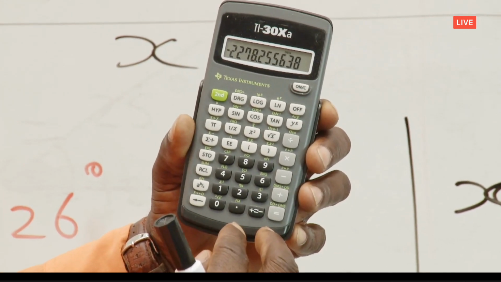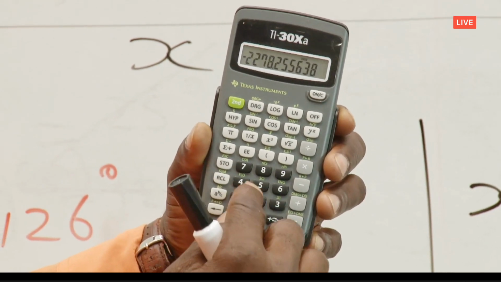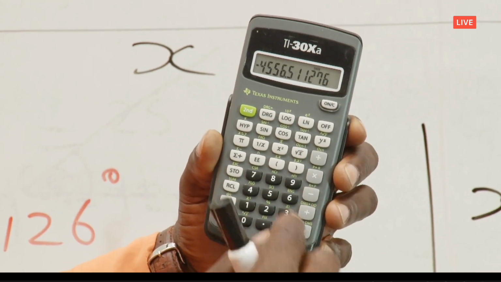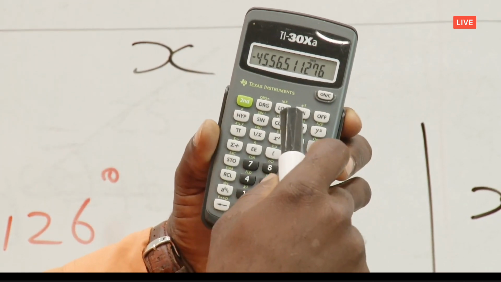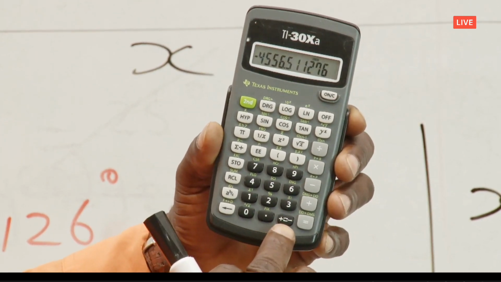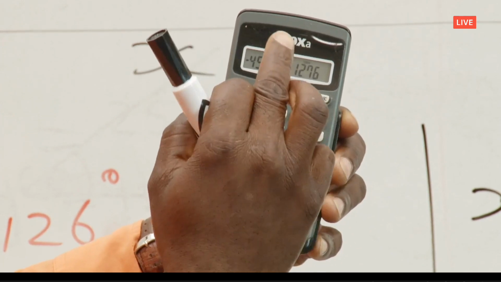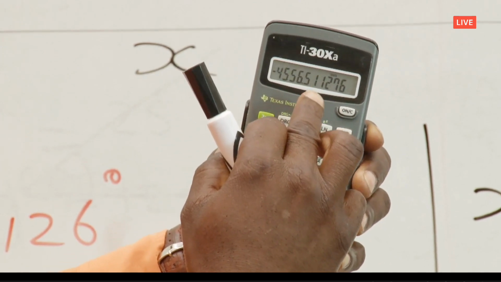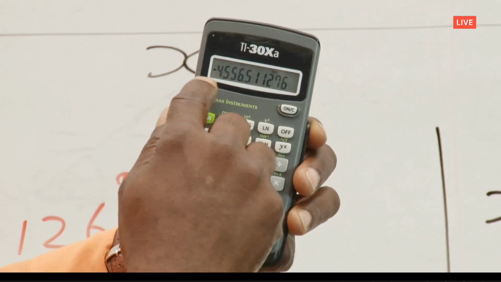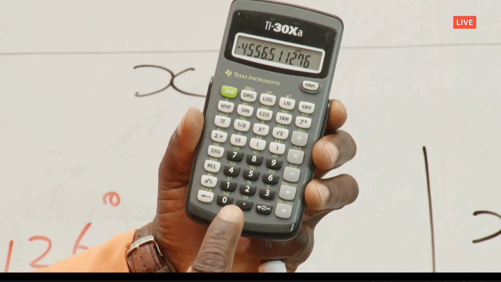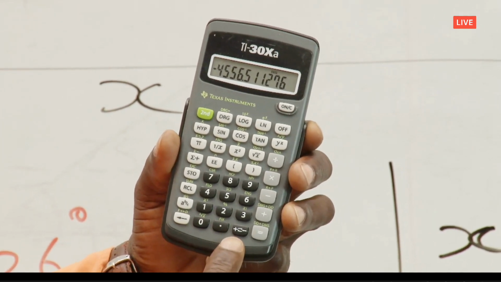Let me see where my minus button is. Okay, let's just multiply by 2 equals, so we have this figure here. I can multiply by minus 1 to get this to be a positive figure. I'm going to just simply change this to a positive because I'm not too certain about this minus sign here.